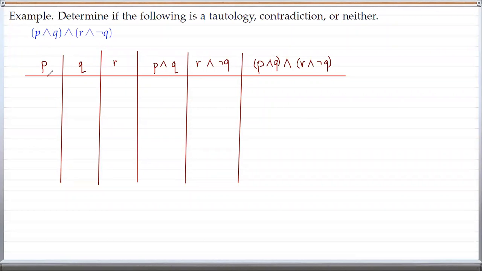So we first list all the possible truth values of P, Q, and R, all possible combinations of truth values of P, Q, and R. We can just list them this way: false, false, false, false. I'm going to have to extend the table.